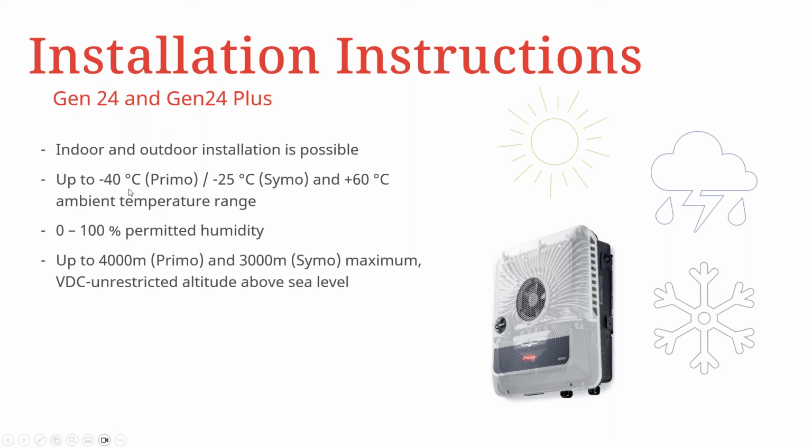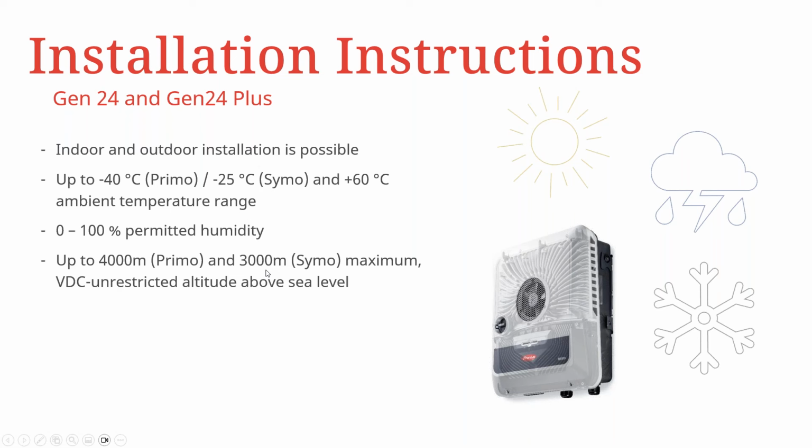They can be installed at ambient temperatures between minus 40 degrees Celsius for the Primo and minus 25 degrees Celsius for the Symo, up to 60 degrees Celsius. So that's quite a very good range. 100% humidity is permitted. And then in terms of installation at altitudes, the Primo can actually go as high as 4,000 meters above sea level, while the Symo can go as high as 3,000 meters above sea level.